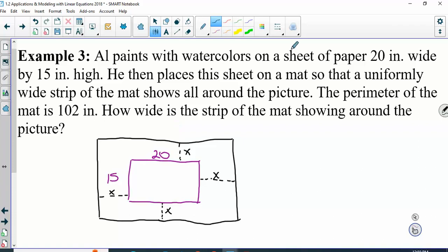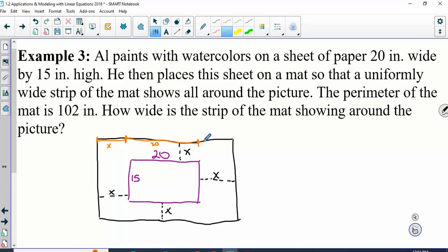So let's think about this. We know, how far is it to get from here to here? X. Yeah, remember my 15 is this height right here. So this width is X. How far is it to get from here to here? 20.